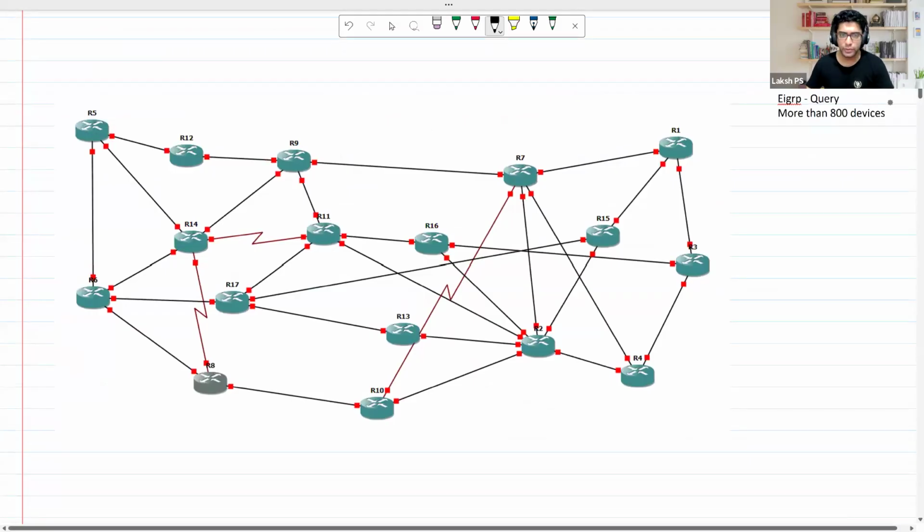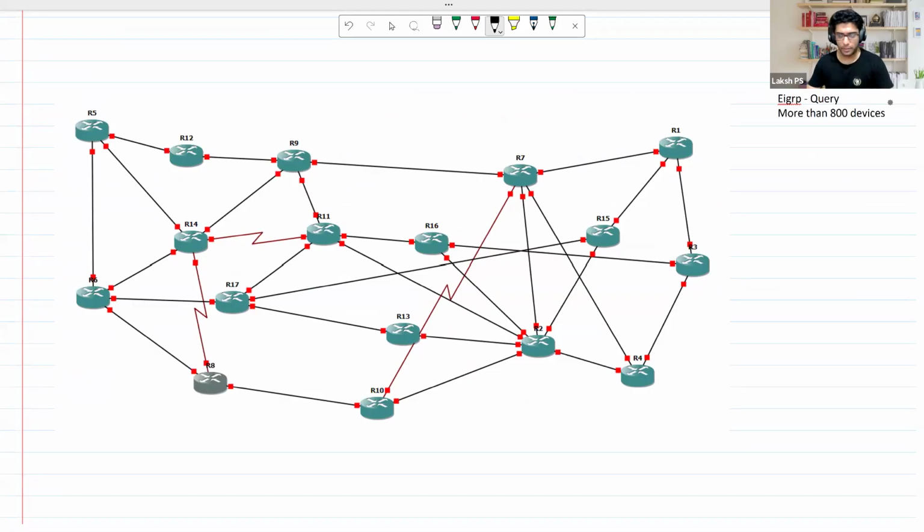Sometimes in interviews they ask, which is a better protocol, OSPF or EIGRP, right? Or OSPF or BGP. But I'm not going to discuss BGP. The reason is that BGP is an EGP protocol, not EBGP. It's an EGP protocol, external gateway protocol.